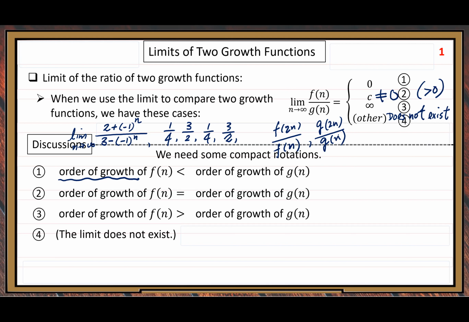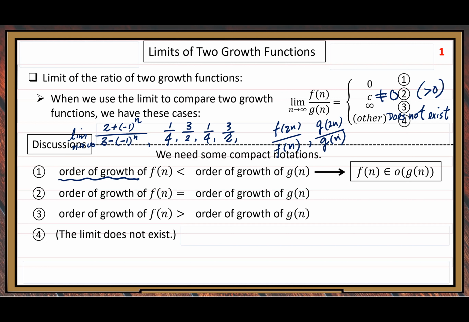For the first three cases, because in case number 4 we cannot say anything, we need compact notations to represent these meanings. Let me show you the first compact notation.